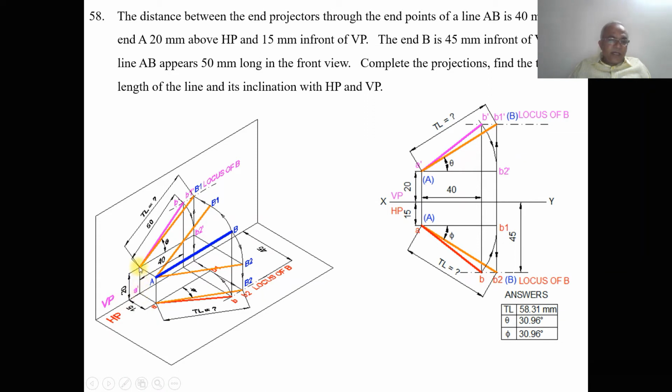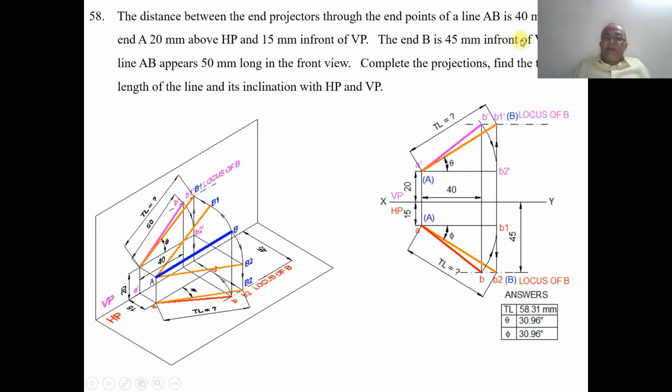So this is a dash and this is A. So this is the first projector, and the distance between the end projectors, the end projector of B will be on this. So from here you measure 40 mm. You can see when you look from the front view, it can be seen in the vertical plane. Similarly, when you look from the top view, we can see that the distance between the end projectors is 40 mm. So you project in the vertical plane and also in the horizontal plane.